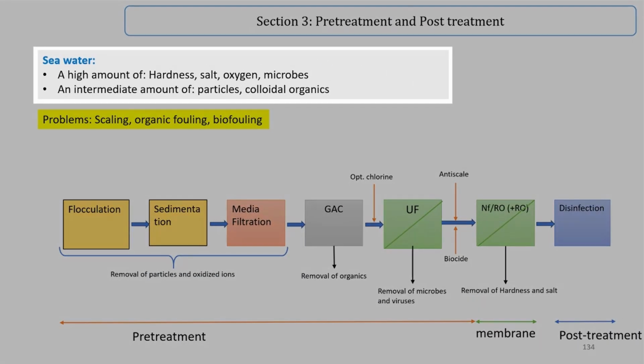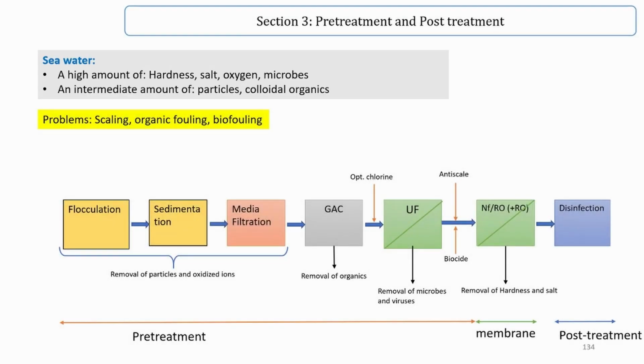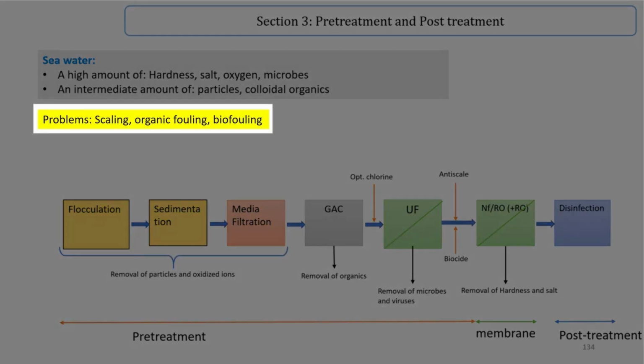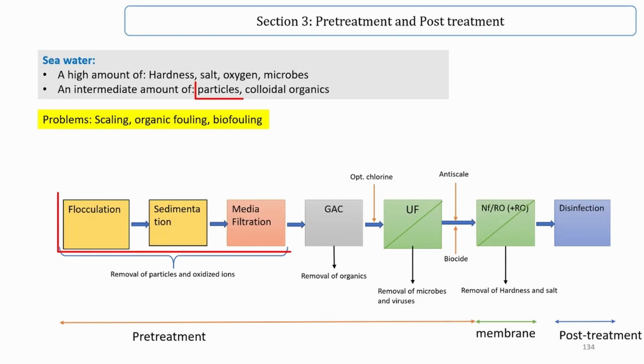In this seawater composition, there is a high concentration of hardness, salt, oxygen, and microbes, as well as an intermediate amount of particles and colloidal organics. Problems on the membrane surface include scaling, organic fouling, and biofouling. Removal of suspended particles and oxidized ions as multivalent ions can be accomplished in these modules.